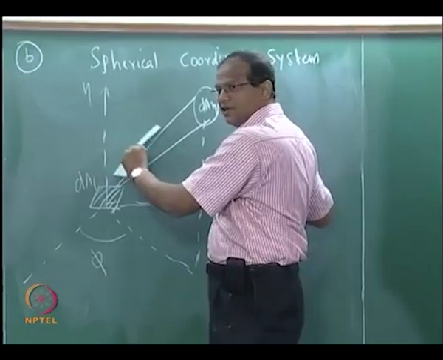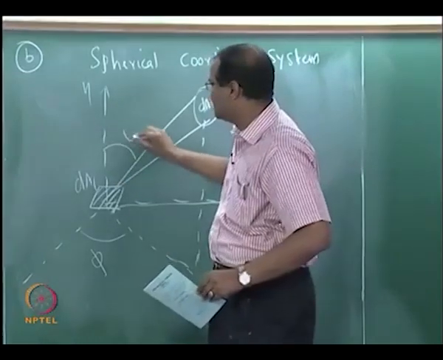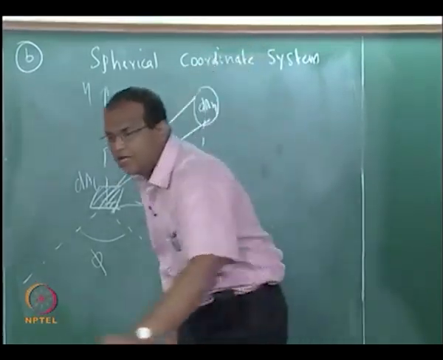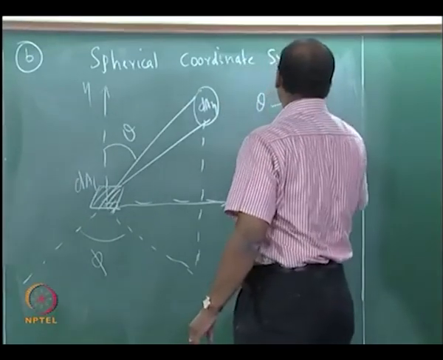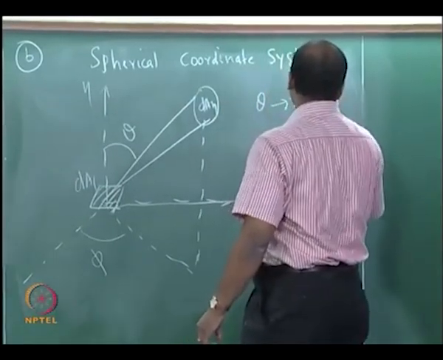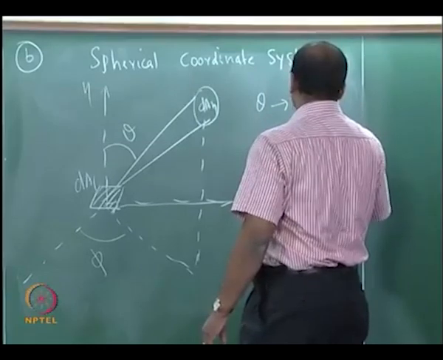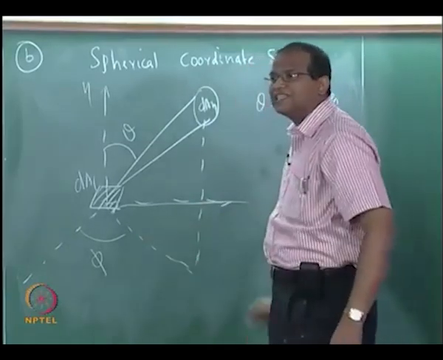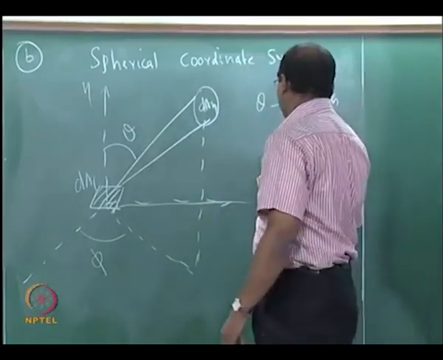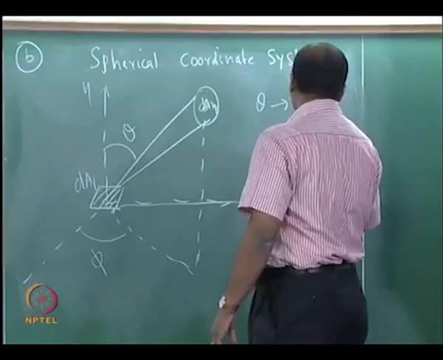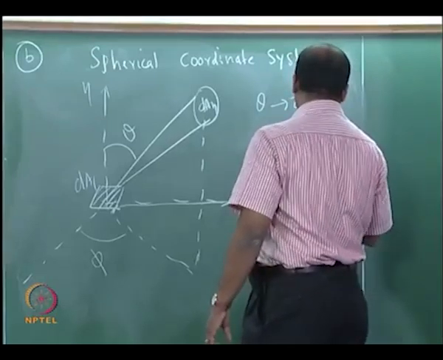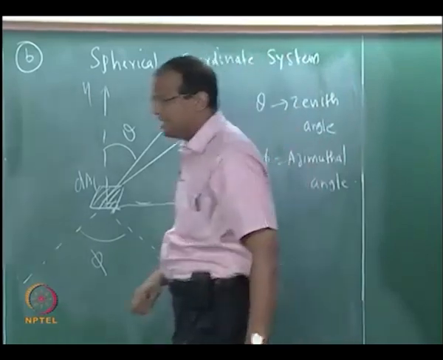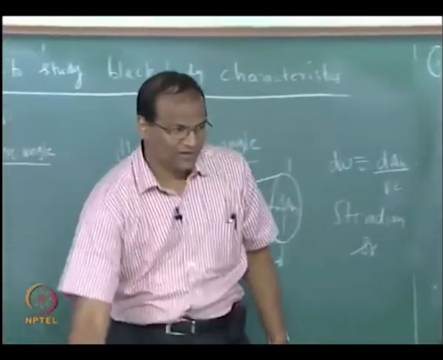So this included angle is called theta. So theta is called the zenith angle, and phi is called the azimuthal angle.